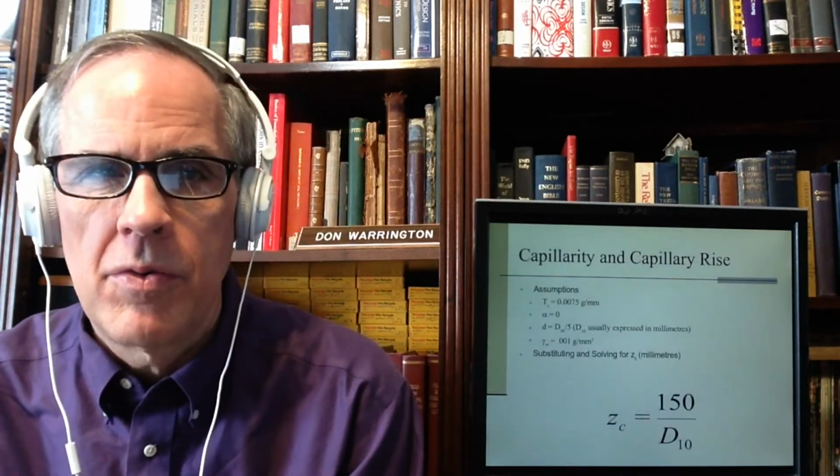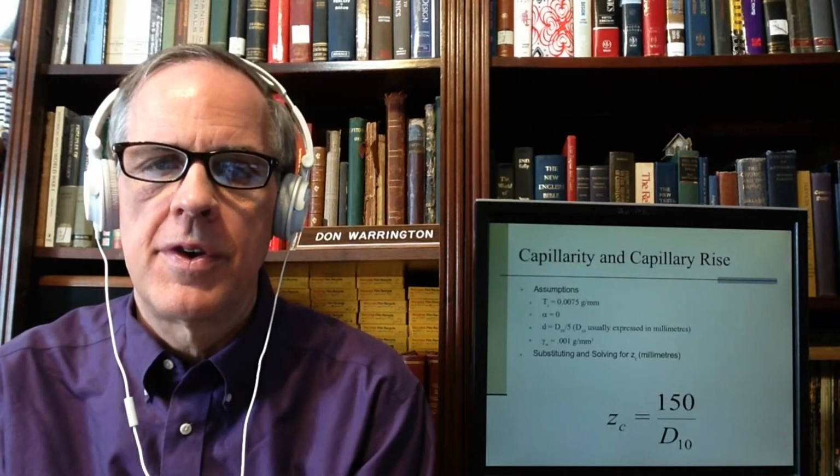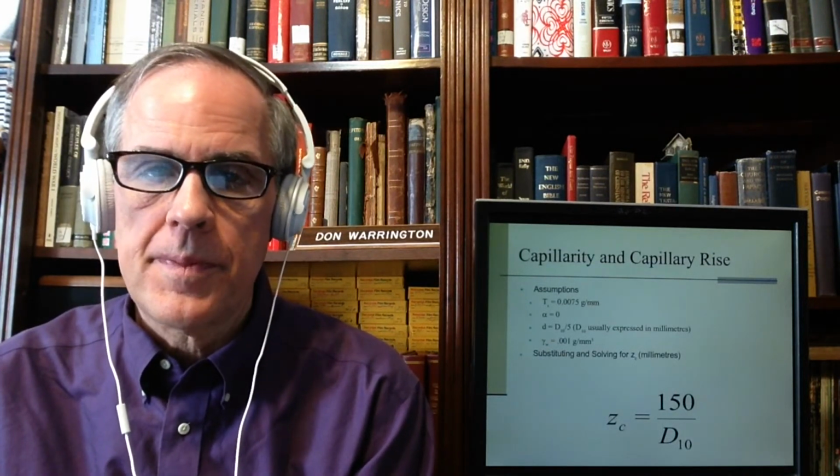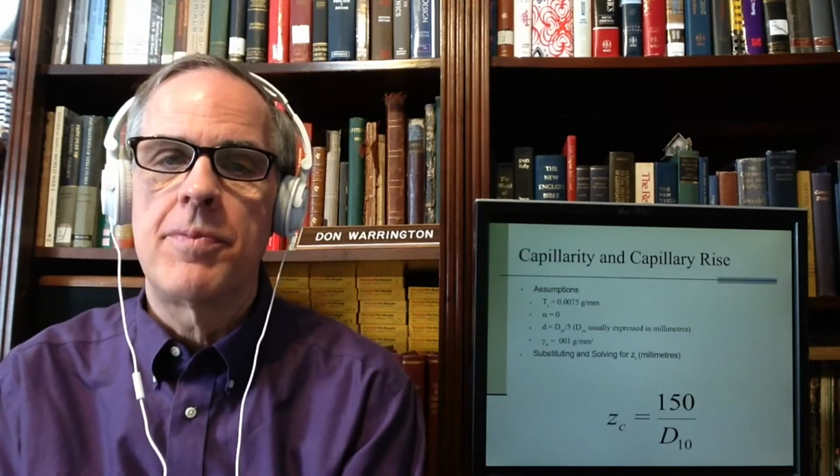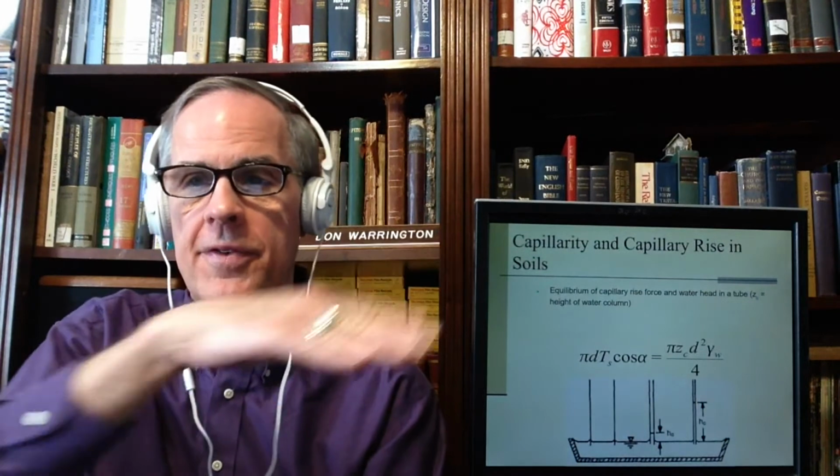So how do we solve this problem? How do we use it? Well, we do what we always like to do: we make a lot of simplifying assumptions. The surface tension of the water is assumed to be 0.0075 grams per millimeter. The alpha, the angle of the meniscus, we assume equal to 0.